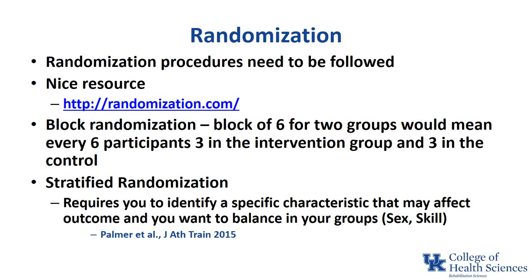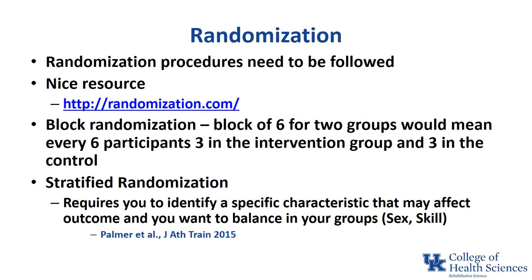Boom. But the concern often, when you do it that way, is you might have to wait a long time before you actually get an even sample. So sometimes it's more advantageous to do block randomization.